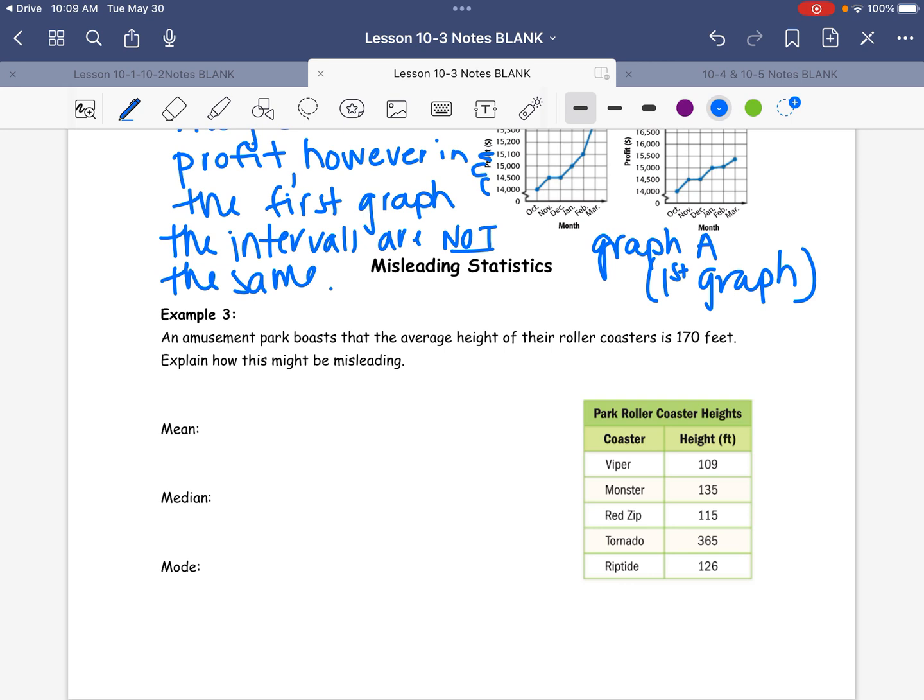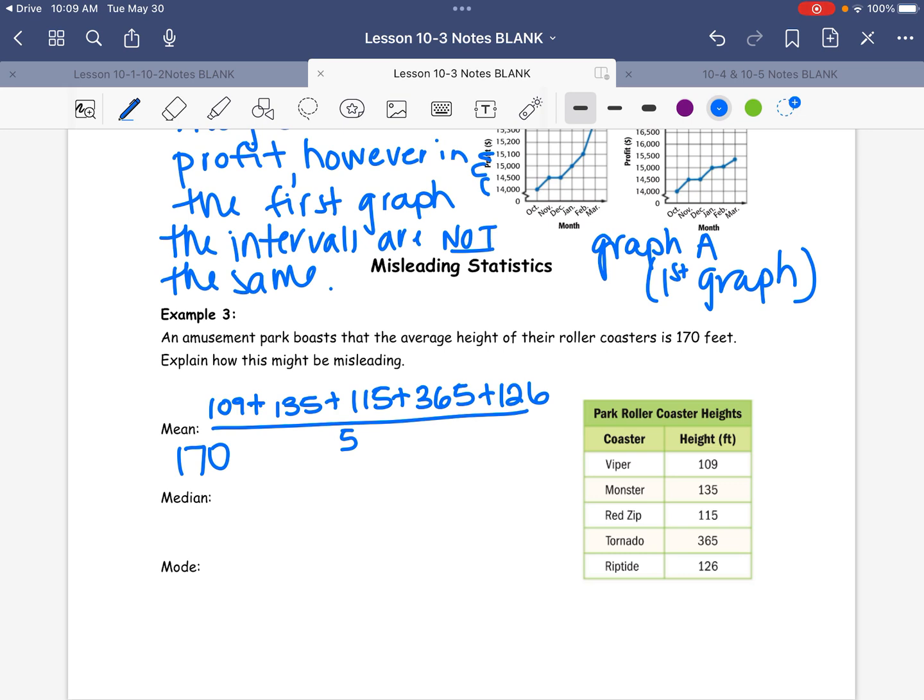The mean is our average, so we add up all of our numbers: 109 plus 135 plus 115 plus 365 plus 126, and divide by 5. My average is about 170.